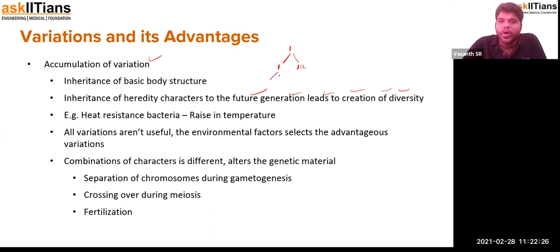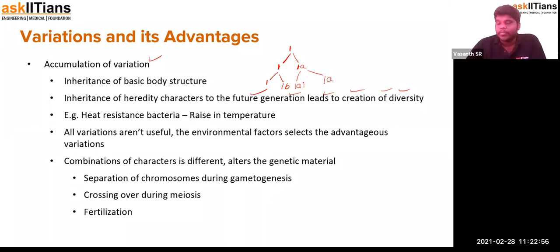After this, 1 again will form 1A, 1B, and 1A will form 1A1 or 1A. Likewise, there is a complete diversification of the characteristics as they keep getting accumulated, and this will produce diversity in the organisms in a very interesting manner.